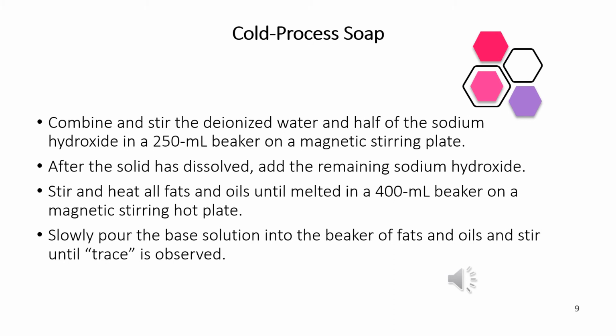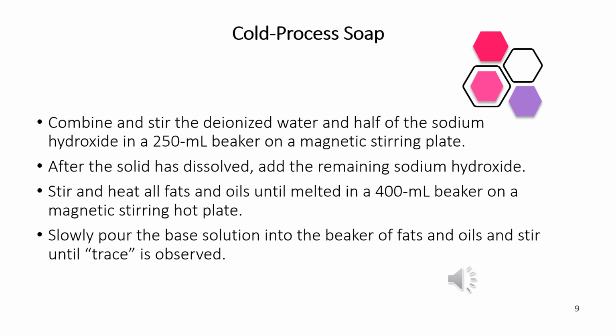After the solid has dissolved, add the remaining sodium hydroxide. So, when the solid is dissolved on the magnetic stirring plate, we can add further sodium hydroxide to it. Stir and heat all fats and oils until melted in a 400 ml beaker on a magnetic stirring hot plate.